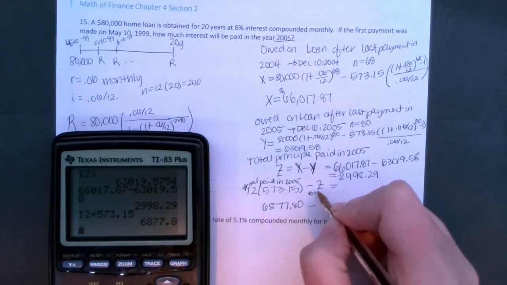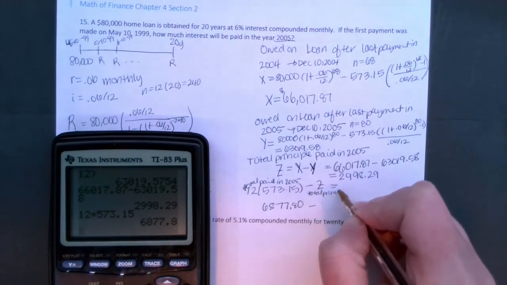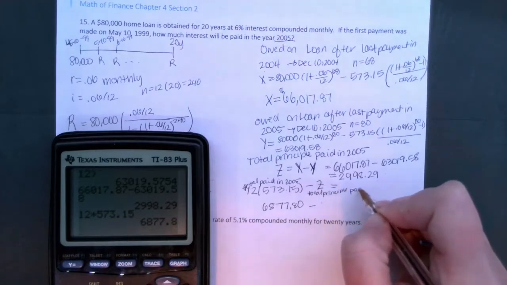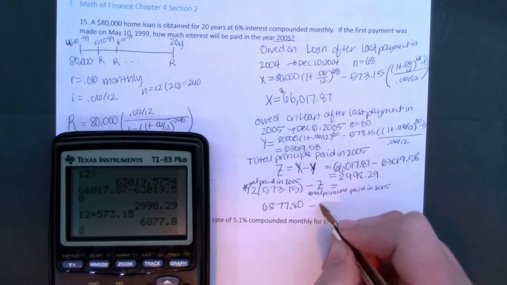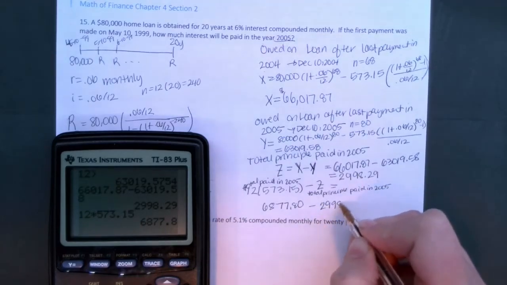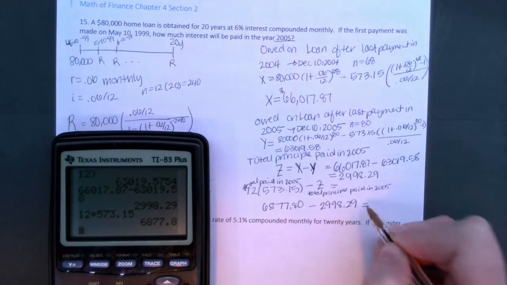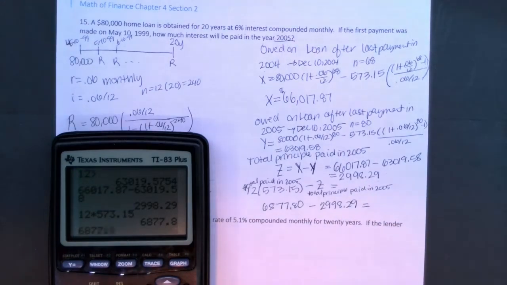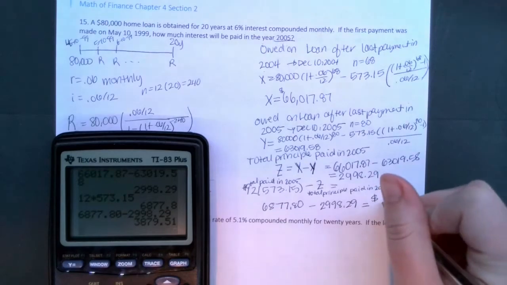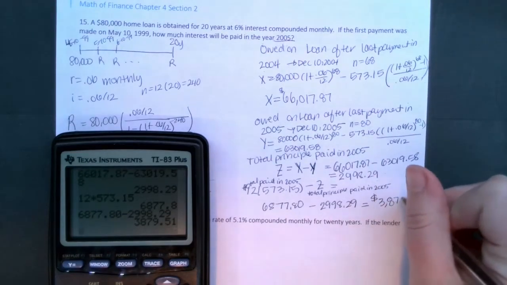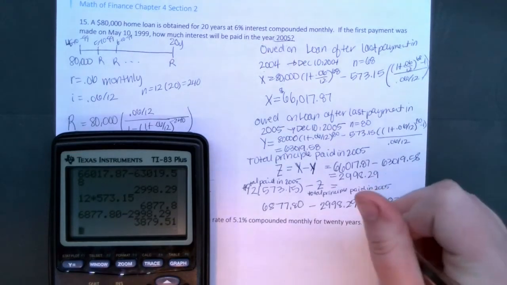This is total principal paid in 2005. Okay, that's what this piece is. So we get 6,877.80 minus 2,998.29. So that means interest paid would be $3,879.51.